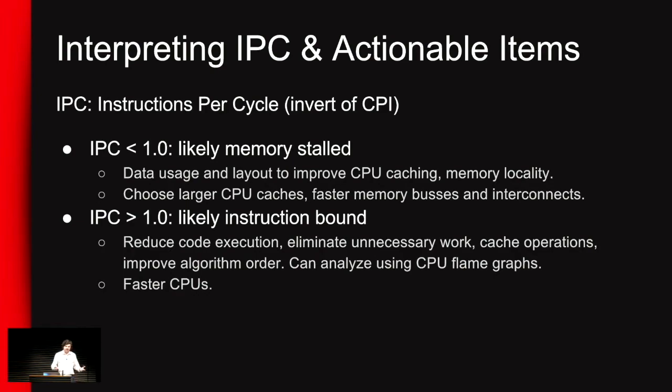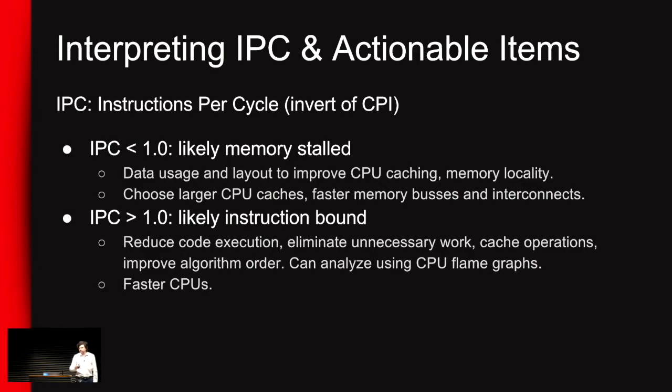You can also choose larger CPU caches by making a hardware decision. You can have faster memory buses and interconnects as well to improve that performance. If your IPC is more than 1.0, so you're at 1.5 or 2.0, you're likely instruction bound.